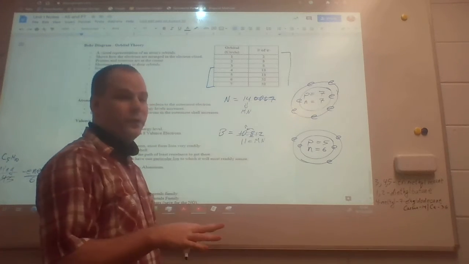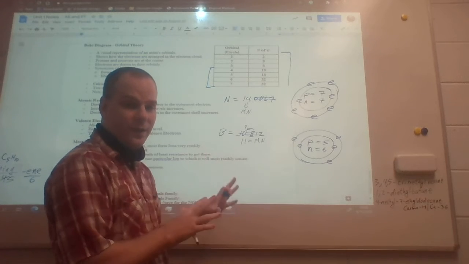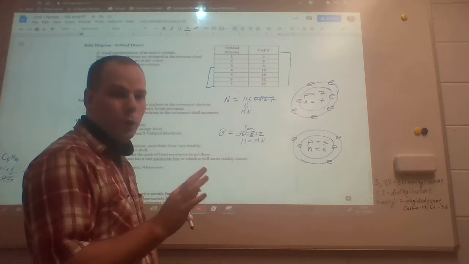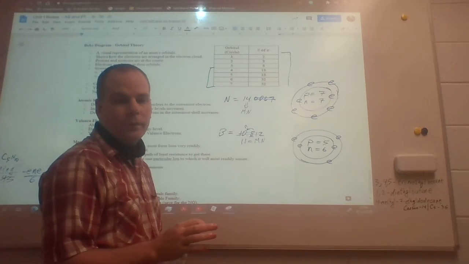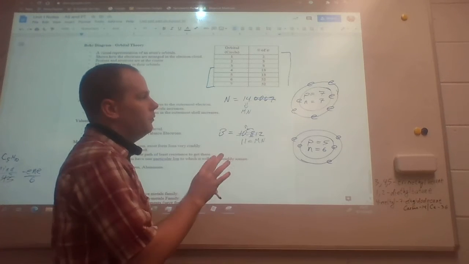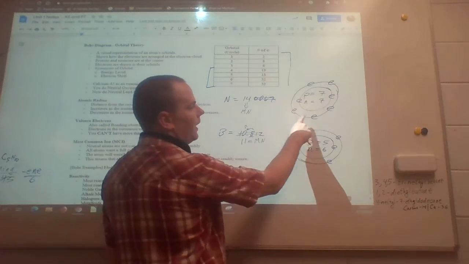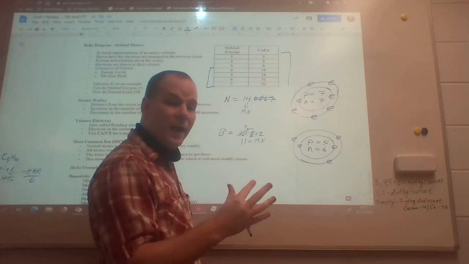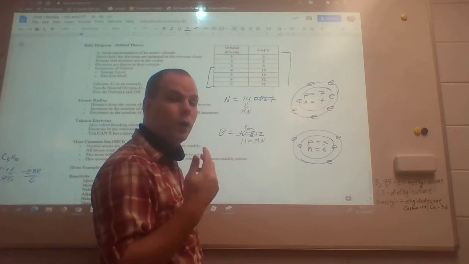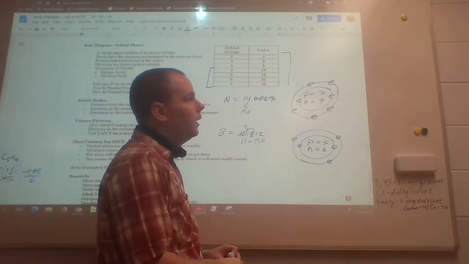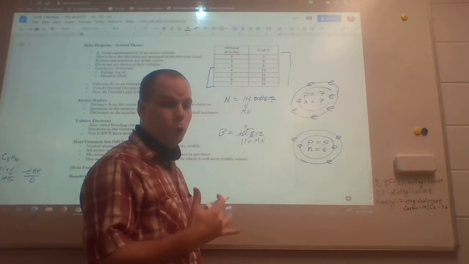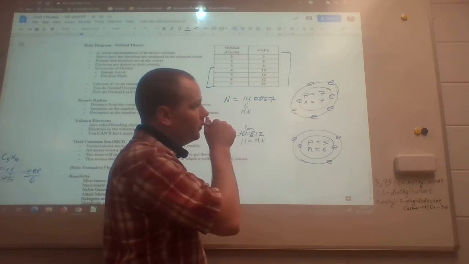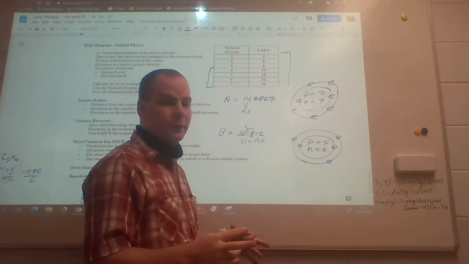Now, what that boils down to for most common ion is this. When you look at a Bohr diagram, you can see that there are 5 electrons in the outermost shell. So it has 5 valence electrons currently. That shell will hold 8 electrons. And so what that atom wants to do is get a full outer shell.